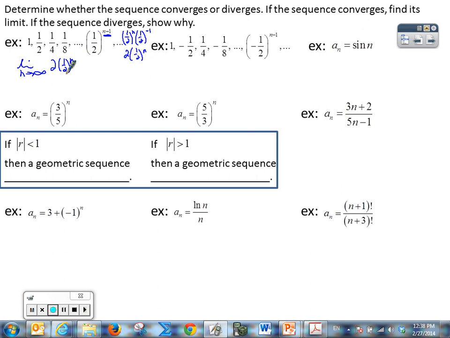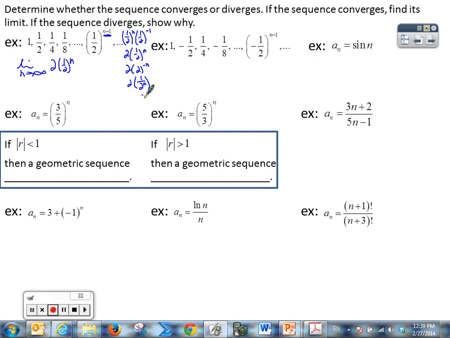This is the same thing. So 1/2 to the n is the same thing as 2 to the -n. Would we agree with that? That's the same thing. Again, this is like algebra work over here. So this would be like 2 to the -n. And rewriting that, we know that can be rewritten as 1 over 2 to the n.